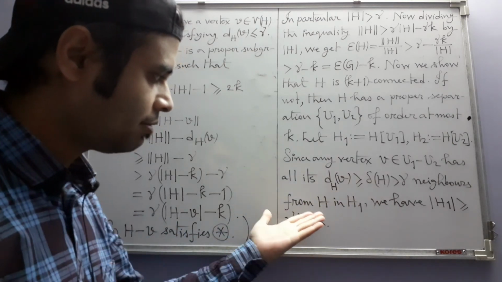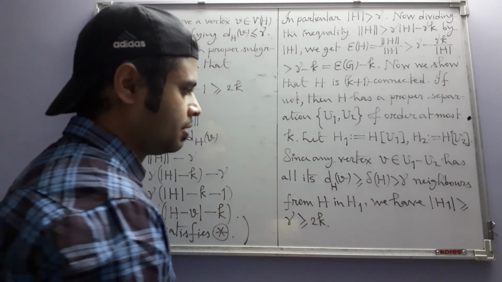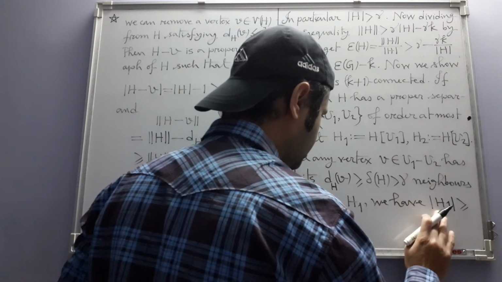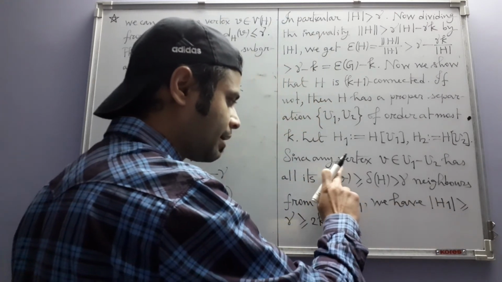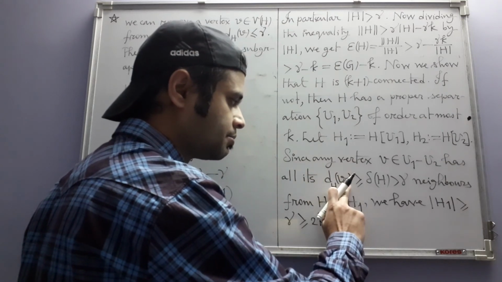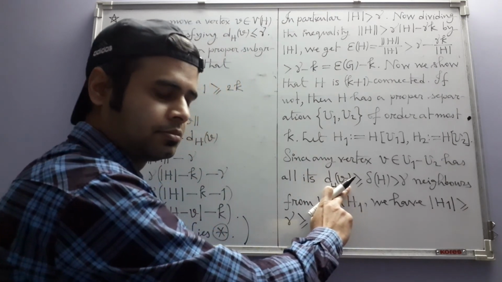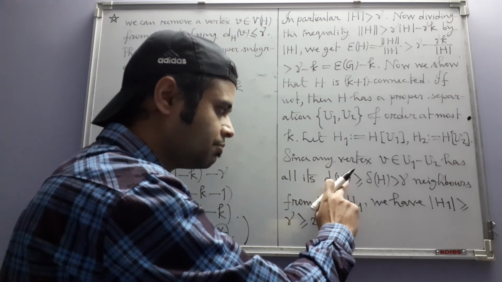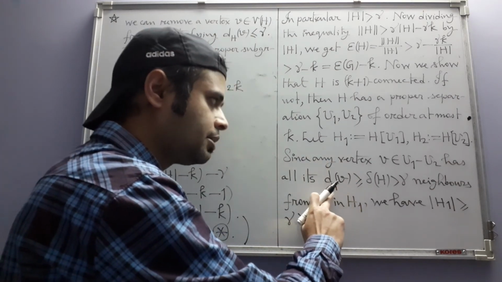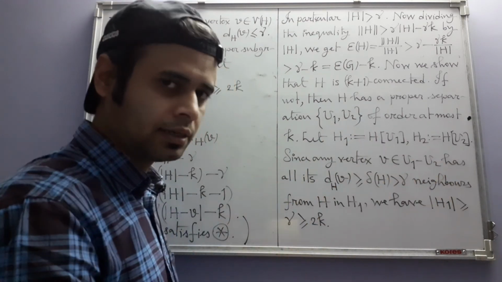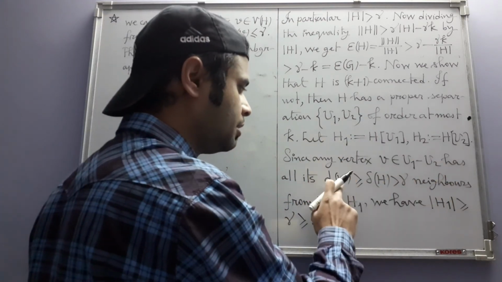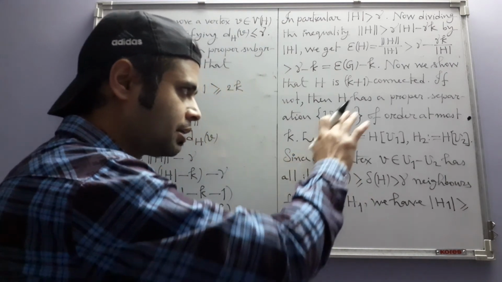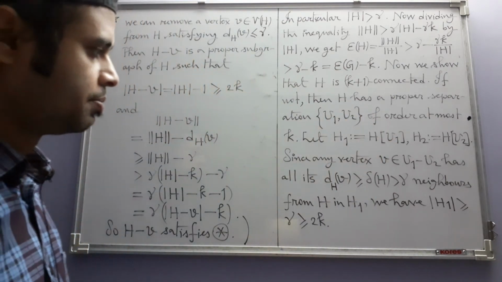So that's why we have this statement, and that is why in H1 we have at least this many vertices, because this is the number of neighbors V has in H, and in the induced subgraph also they are neighbors, that is H1. So in H1 besides V, we have its neighbors already coming from H.